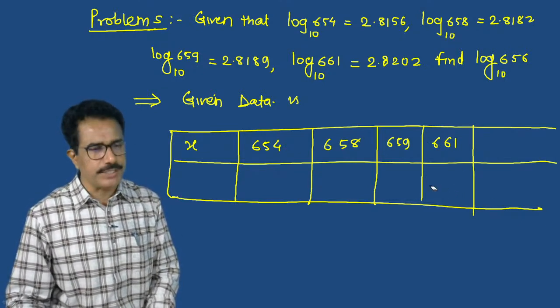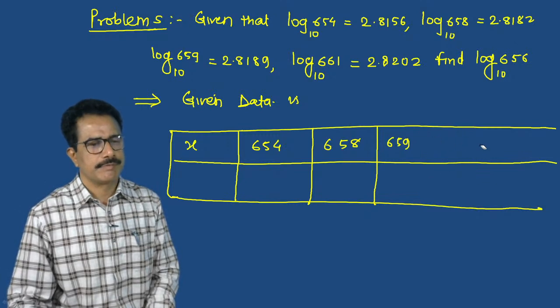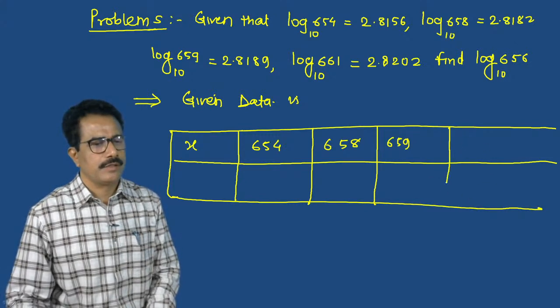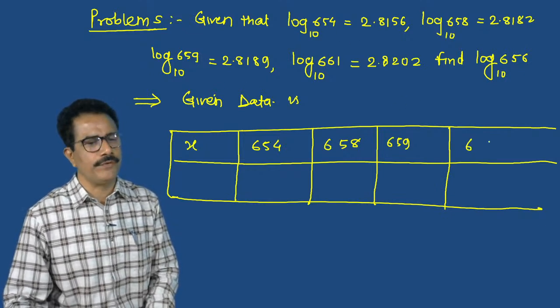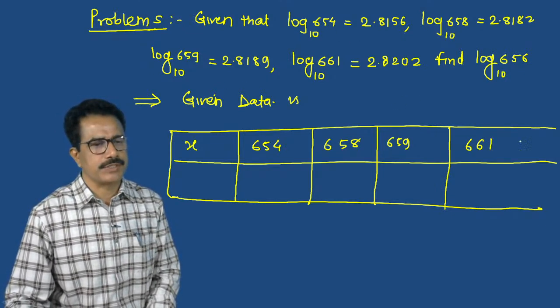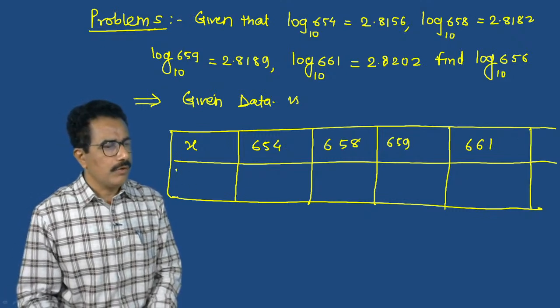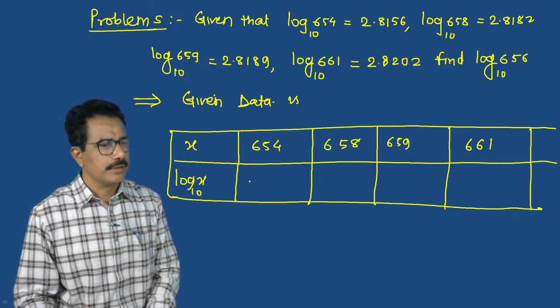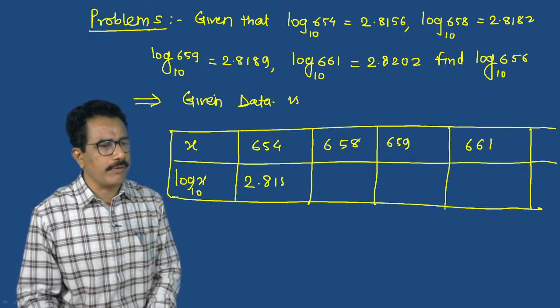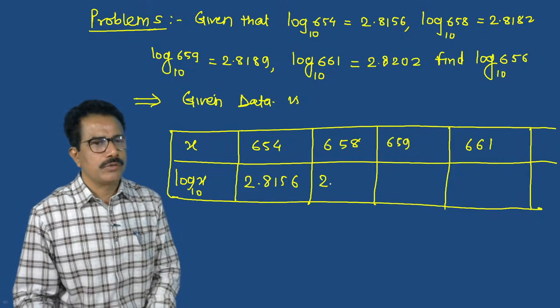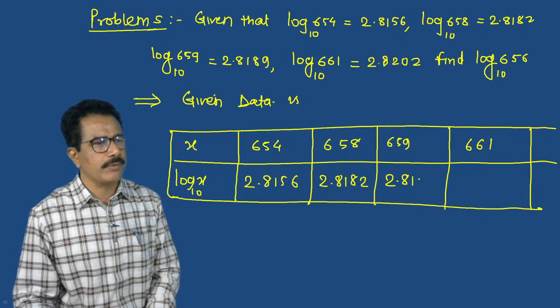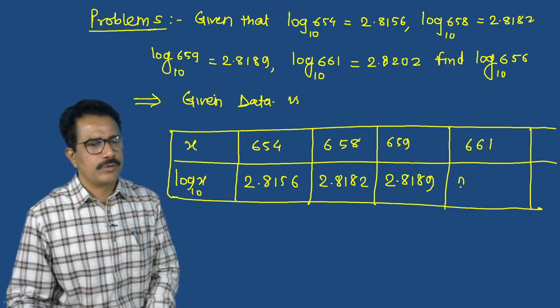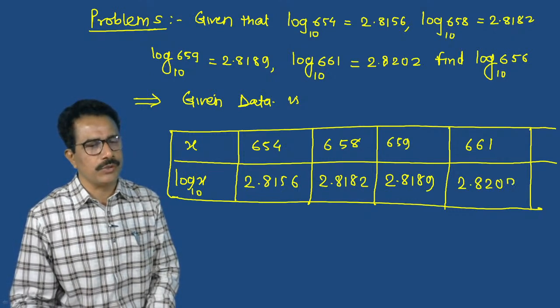Actually we have given these values. Log of x to the base 10 we have given 2.8156, 2.8182, 2.8189, 2.8202.